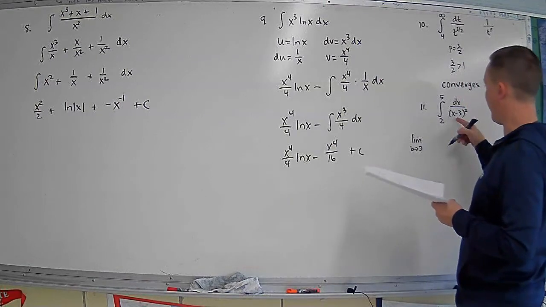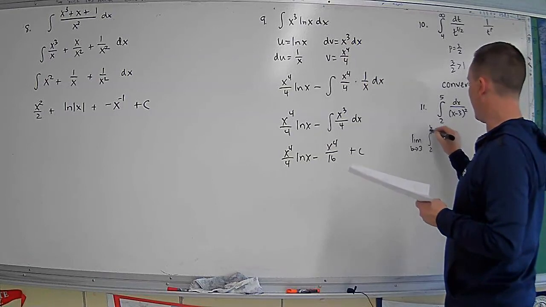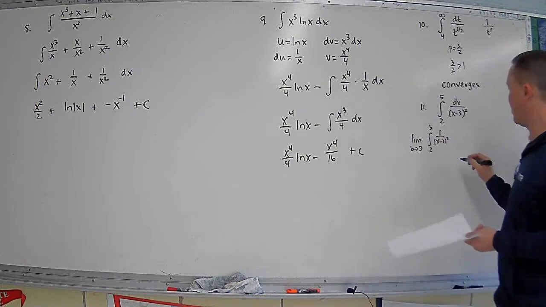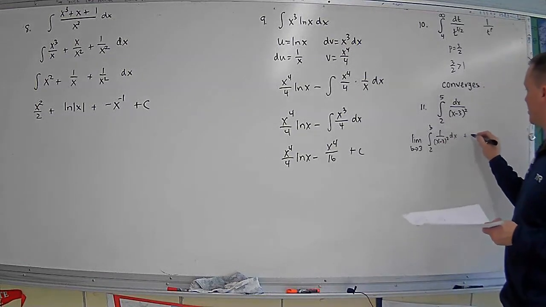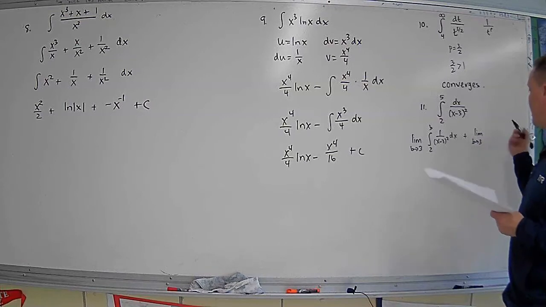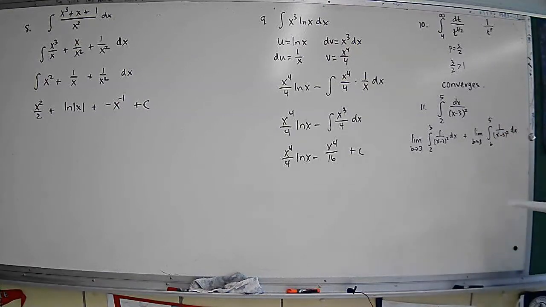This is undefined at 3, and 3 is between 2 and 5. So we'll do the limit of the integral from 2 to b of 1 over (x minus 3) squared dx plus the limit as b goes to 3 from the other side of the integral from b to 5 of 1 over (x minus 3) squared dx.